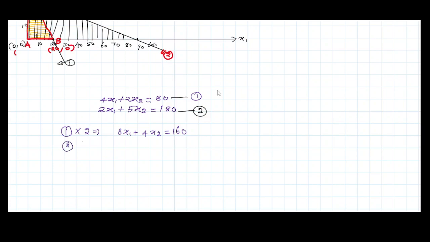Equation number 2 into 4, we get 8x1 plus 20x2 equal to 720.